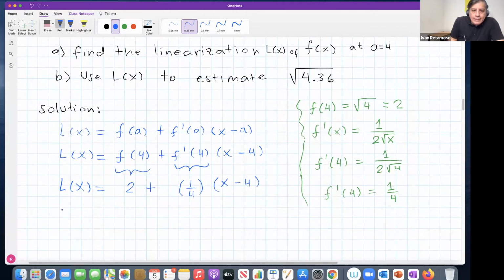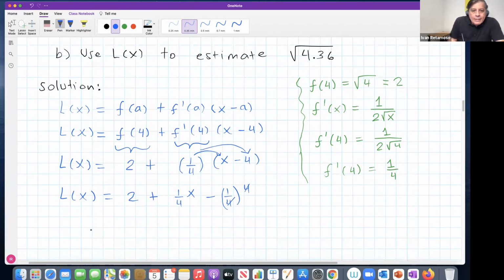So let's do the math and simplify this here. This will be 2 plus 1/4 of x minus 1/4 of 4. But 1/4 of 4 is just 1, right? So finally, our linearization will come down to 2 plus 1/4 of x minus 1.